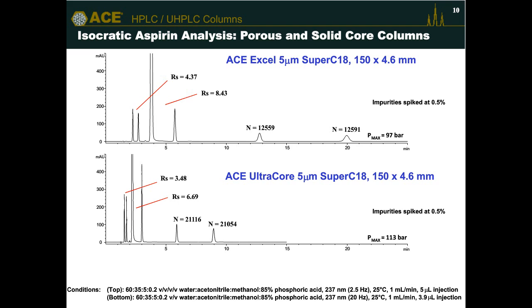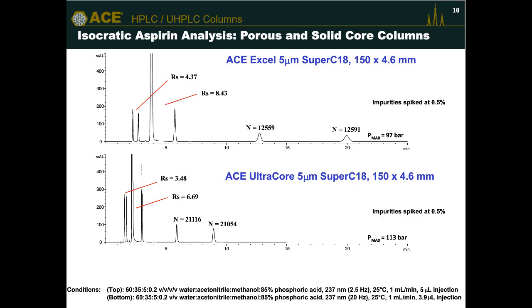And the only difference that we made when we ran the method on the solid core column shown at the bottom of the slide is that we changed the sampling rate of the detector. So we actually turned it up from 2.5 Hertz to 20 Hertz so that we could fully describe each peak. And we scaled the injection volume because, as I mentioned earlier, we have less porosity on a solid core phase. So for an accurate translation, we should be injecting less onto these columns.